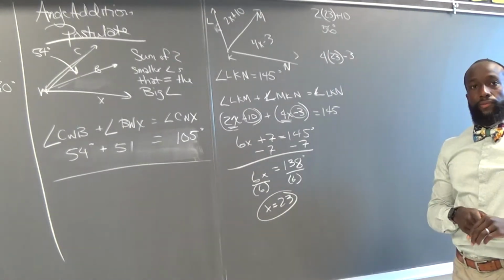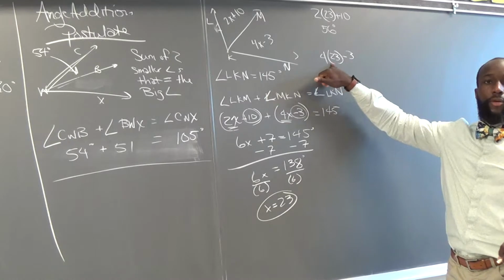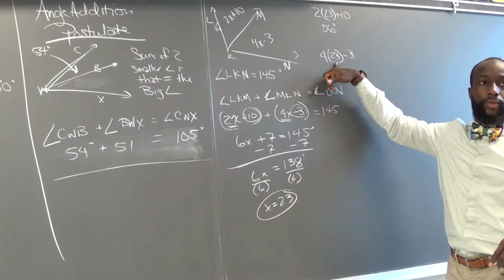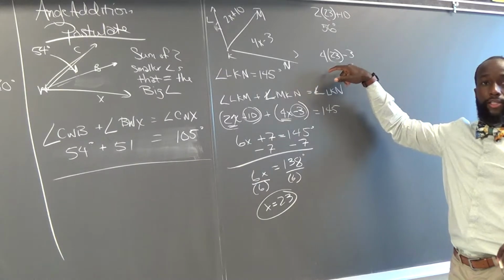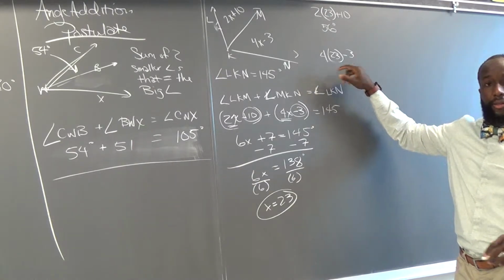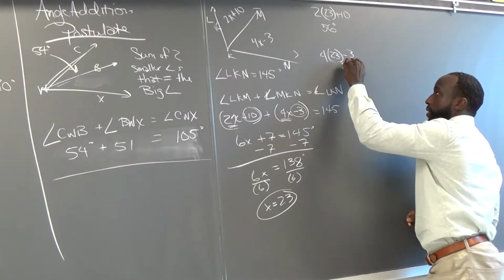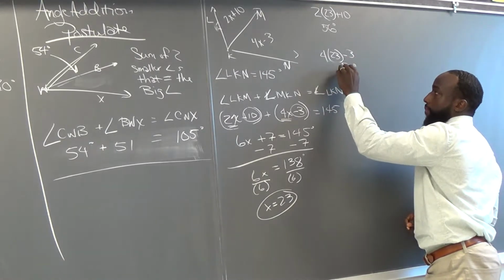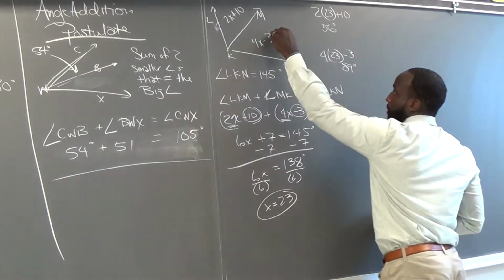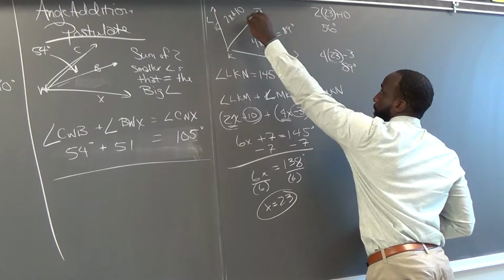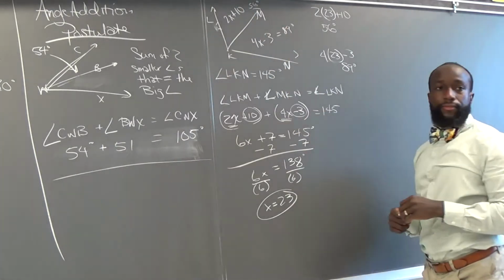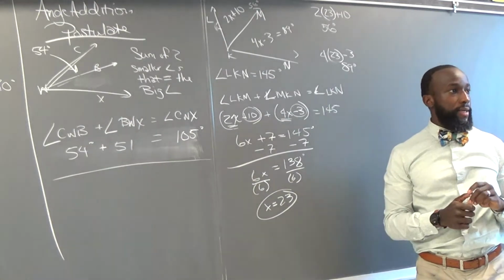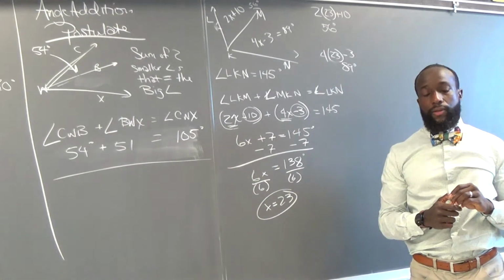You multiplied this first, right? 4 times 23 was 92, minus 3, 89 degrees. Okay? So this is 89 degrees, and this is 56 degrees. You feel okay? Cool.